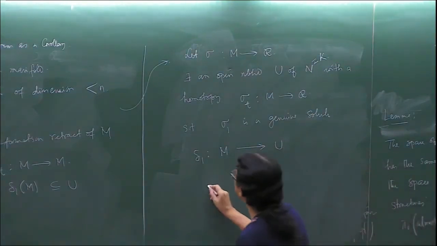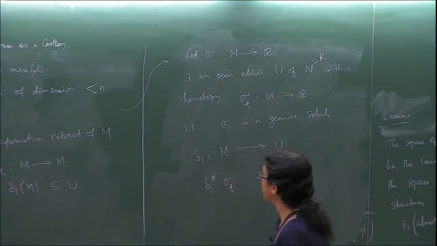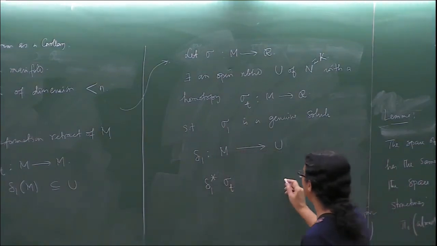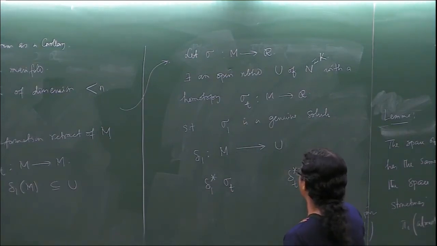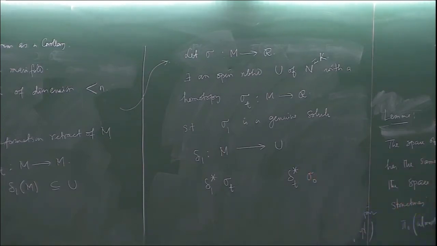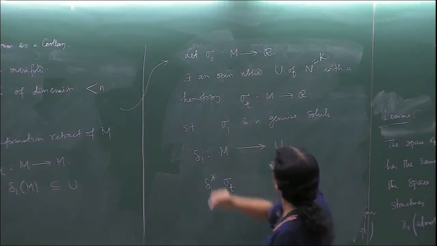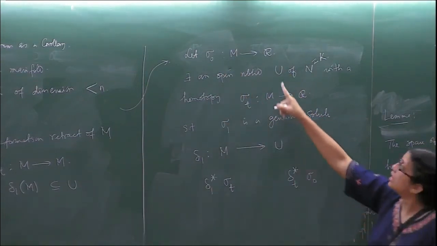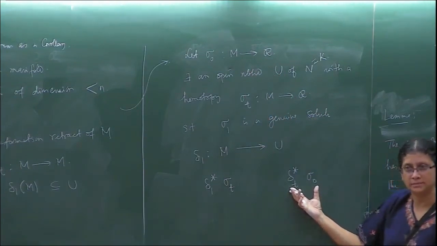So what I do is this, delta 1 star sigma t, and I have another delta t star sigma 0. So there are two homotopies. Sigma 0 is sigma, okay? Sigma 0 is defined as a section all over M, so I can pull it back by delta t.